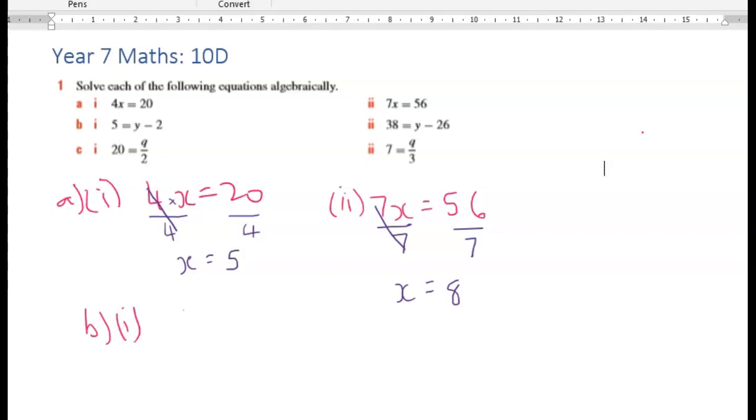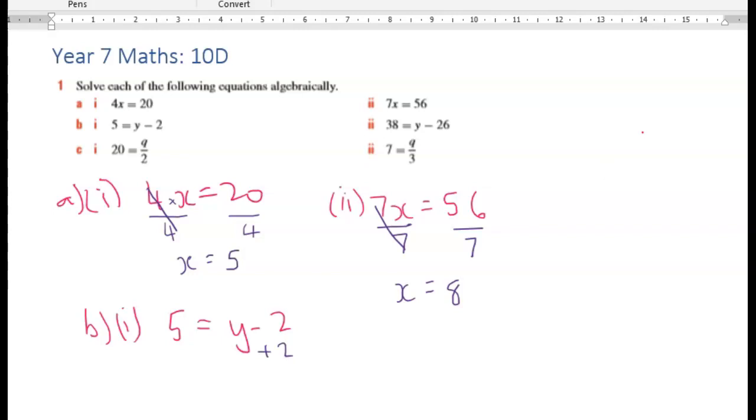So B part I, we've got 5 equals y minus 2. Now our pronumeral is on the right-hand side. It doesn't matter what side it is on. When you're subtracting a number, the opposite is to add a number. So if we were to add 2 to that side, negative 2 plus 2 gives you 0.